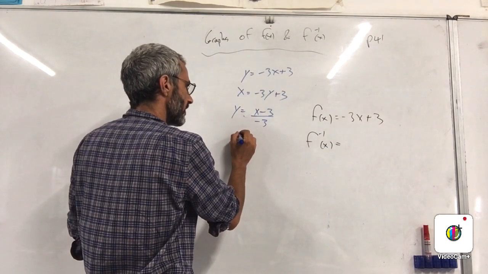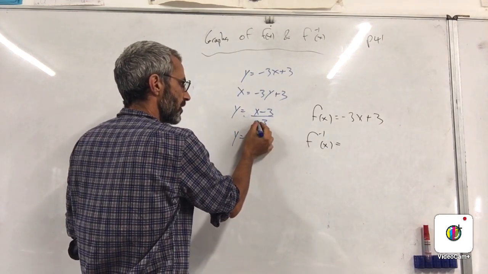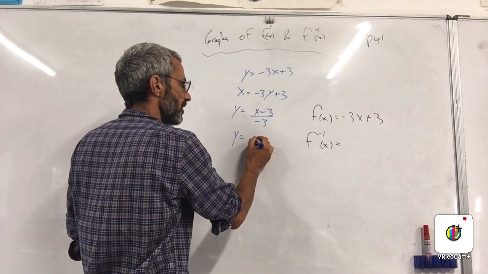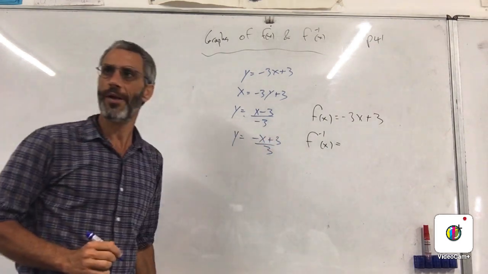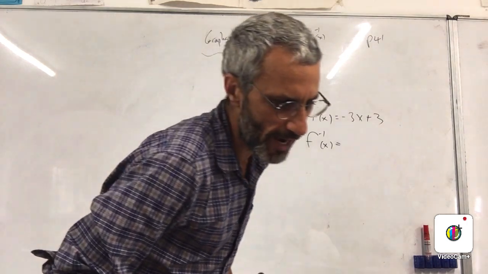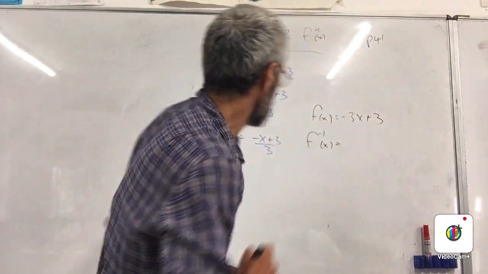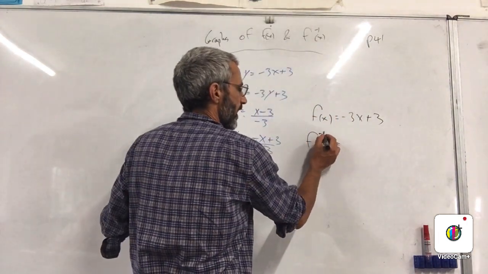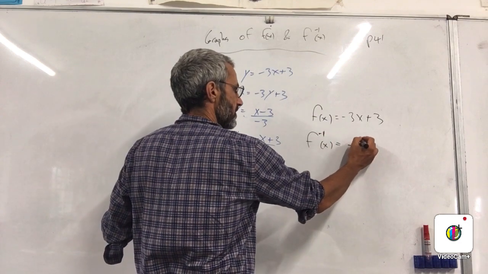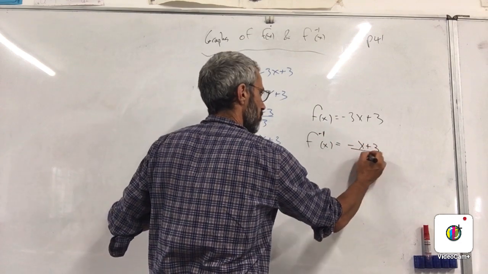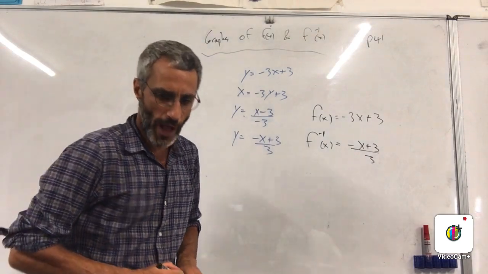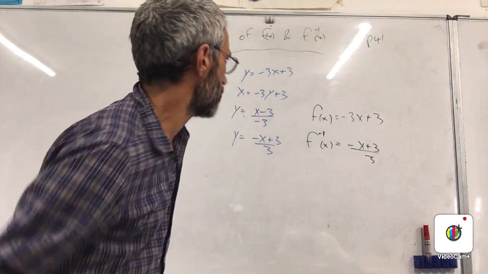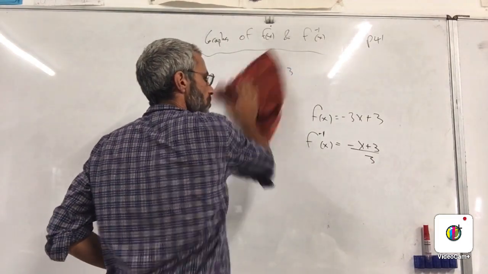Rewriting it slightly nicer, to get rid of that minus, it's minus x plus 3 over 3. I check that I've got it right, and then write it down as the inverse function: minus x plus 3 over 3. So that was last lesson.